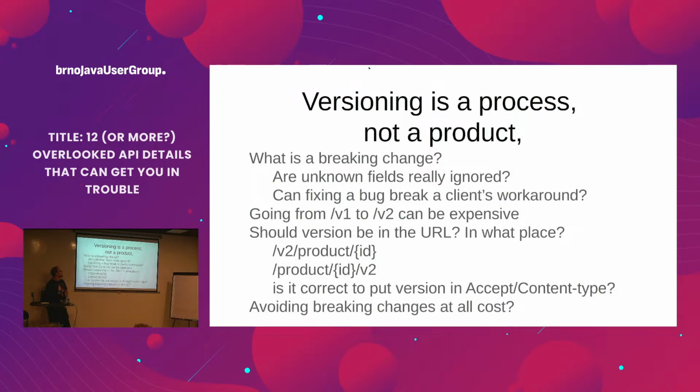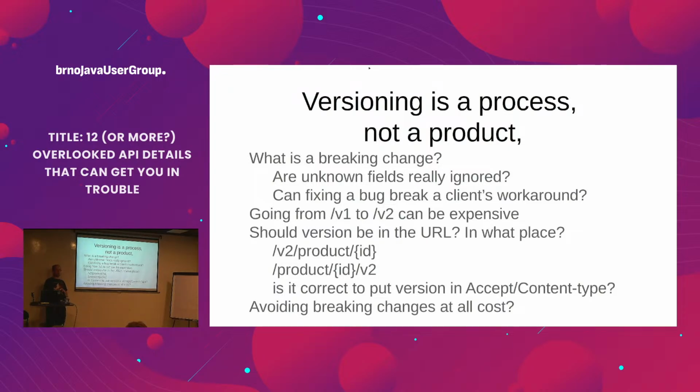Now, some people approach this just by putting some v1, like version 1 somewhere, and it's done. I think this is not enough, because basically versioning is a process, not a product. And you may know that managing a process may be quite difficult.